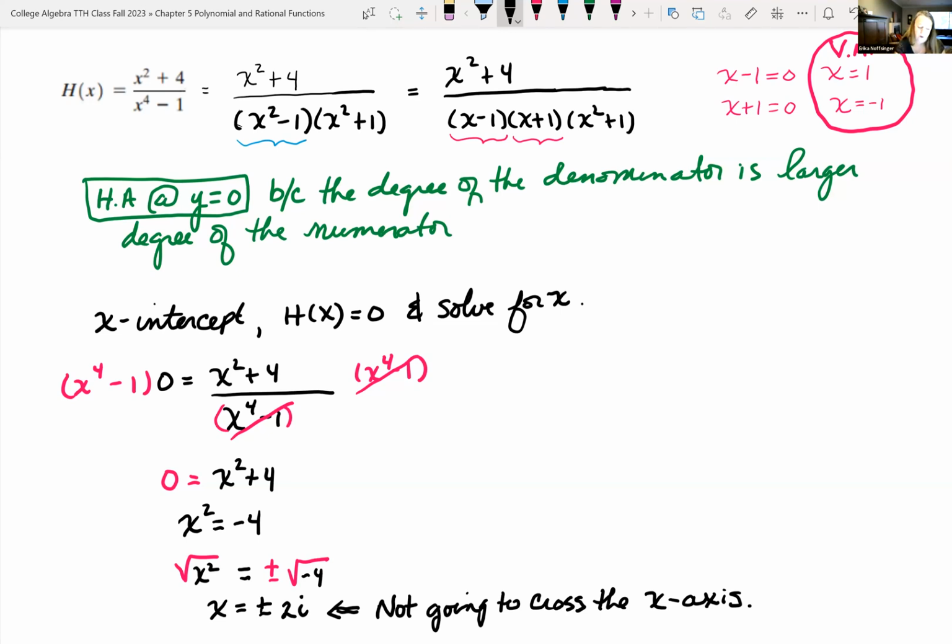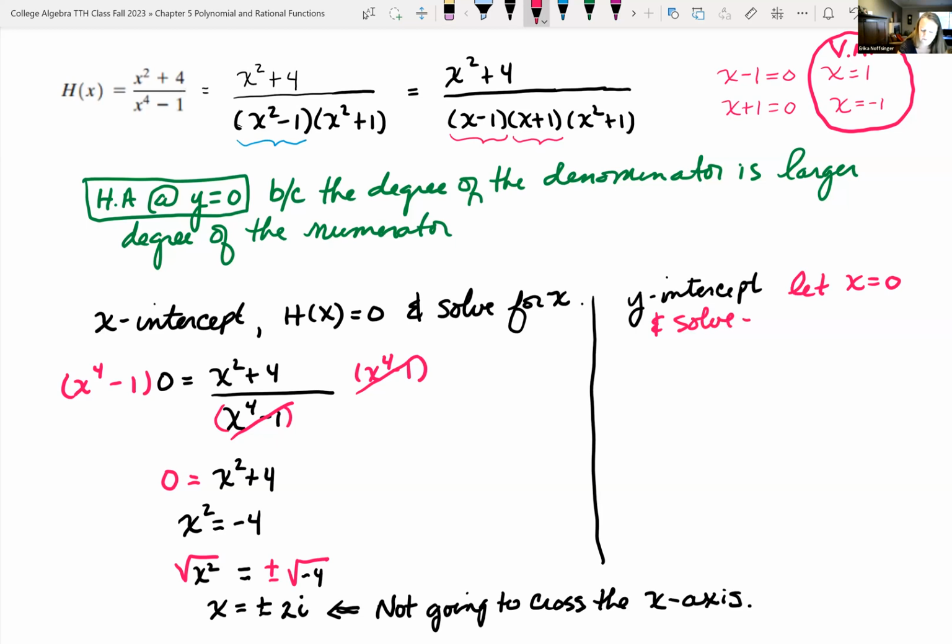So looking for our y-intercept, that's always the easier case of the two. For the y-intercept, we're going to let x equal 0 and solve for y. Wherever we see an x, we're going to drop in 0.